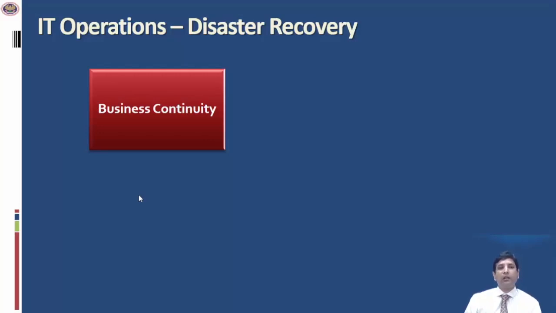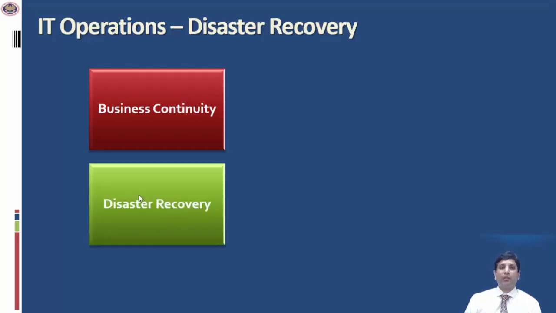Now coming to disaster recovery. Disaster recovery is an integral part of the business continuity planning, because a large part of the business, especially when ERP is implemented, involves the use of IT systems and applications. Now, in case a disaster involves the stoppage of IT and ERP application, how would the company recover from such a disaster, and how will IT systems be put back into place for normal operation to resume?